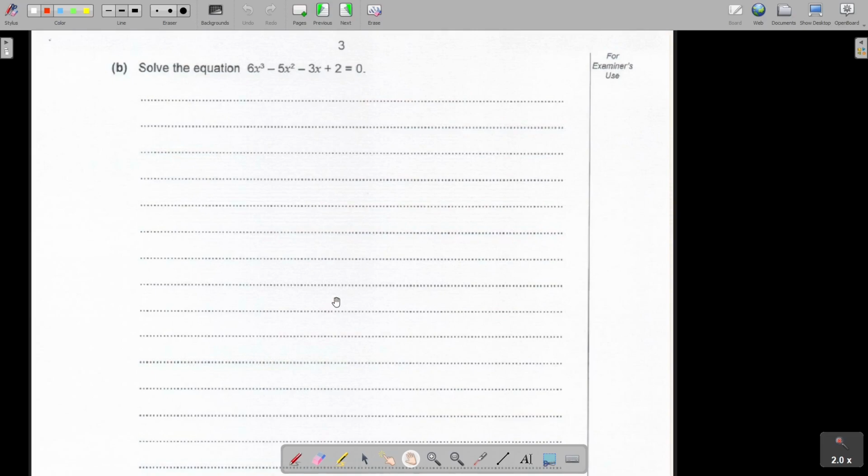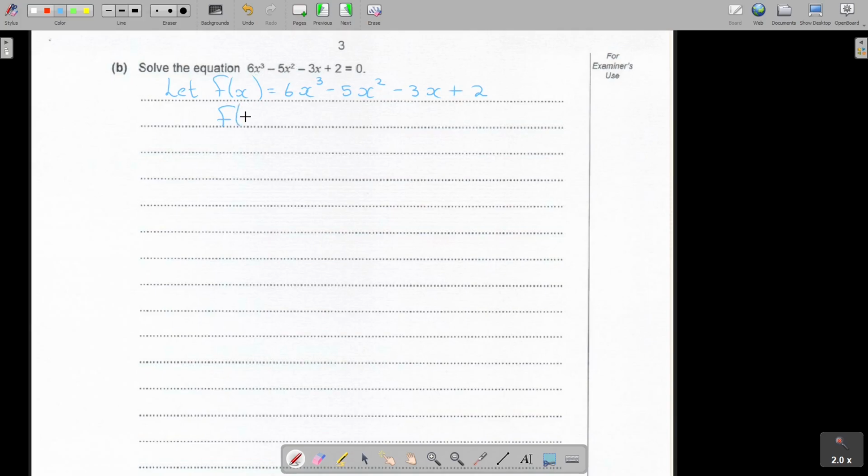So if I'm doing this one, again, I'm going to start by saying let f(x) equal 6x to the power 3 minus 5x squared minus 3x plus 2. Now I'm going to test. Test 1 and 2, but I start with 1.